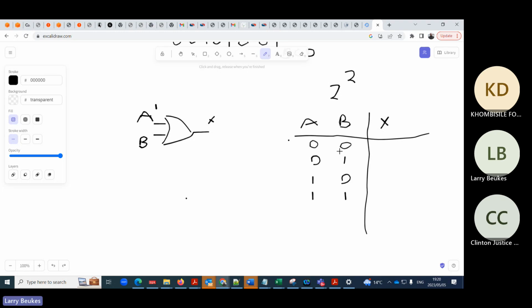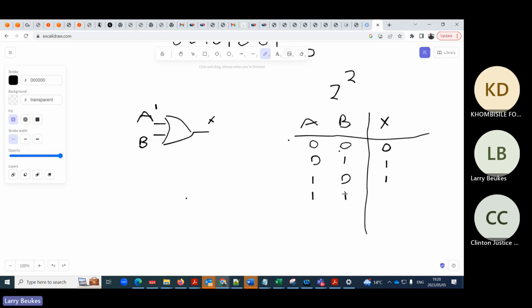Sharp. So in an OR gate, if the input is 0, 0, the output will be 0. If input A is 0 and input B is 1, the output will be 1. If A is 1 and B is 0, the output will be 1.